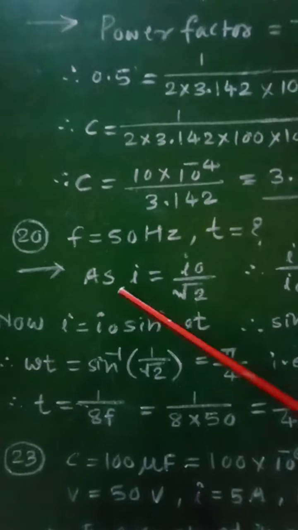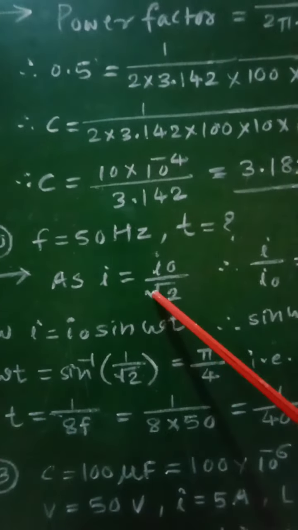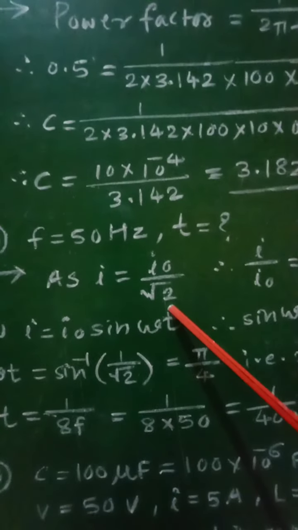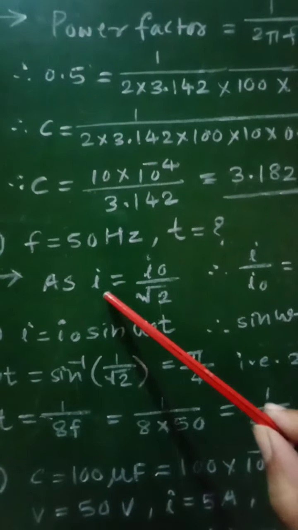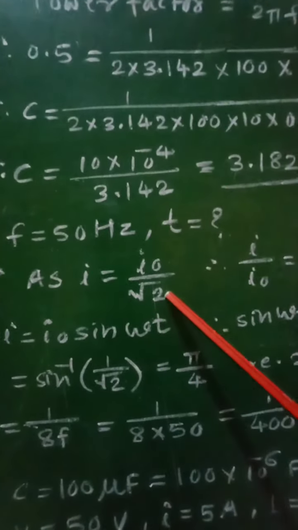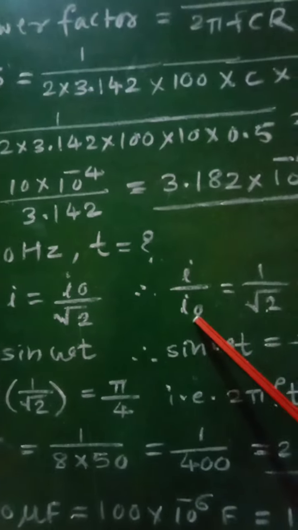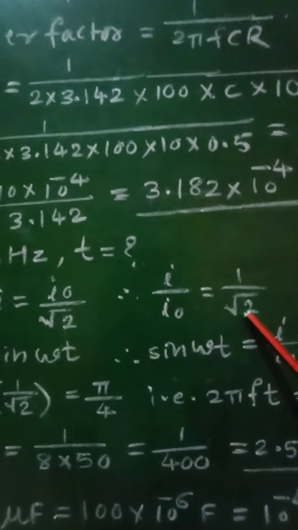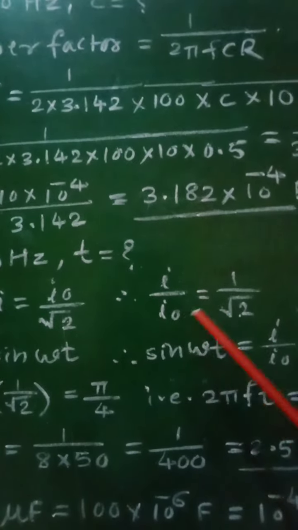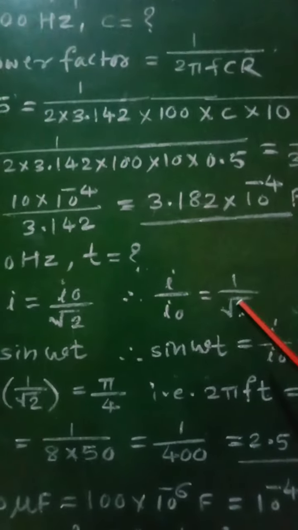Now we know that the RMS current I will be equal to I0 by root 2, and therefore from this I by I0 will be equal to 1 by root 2.